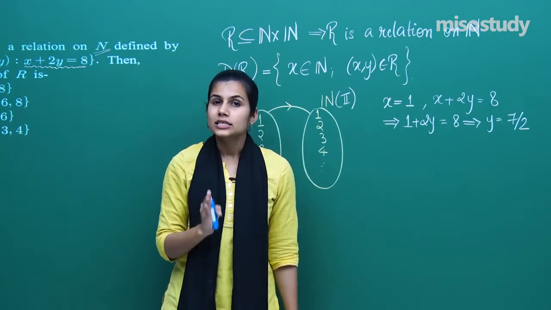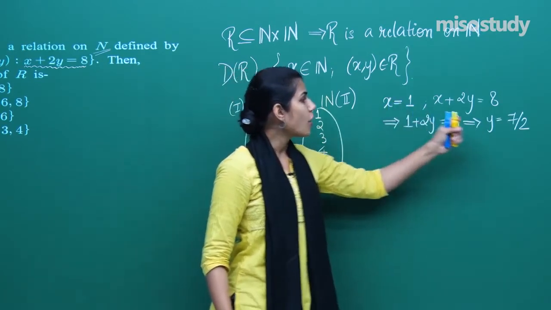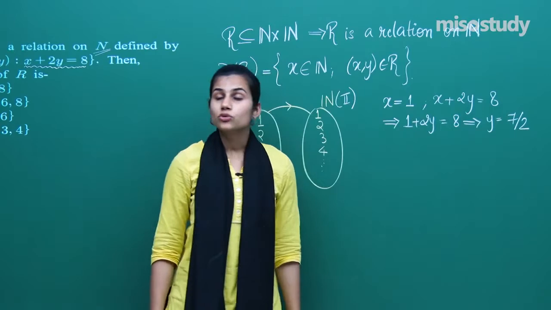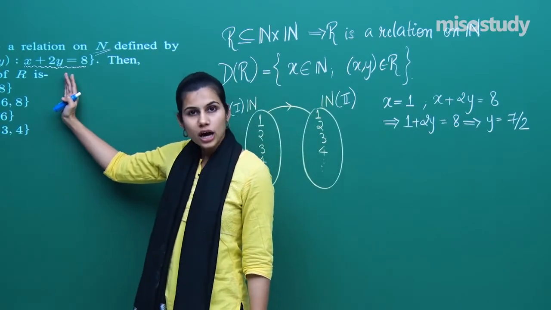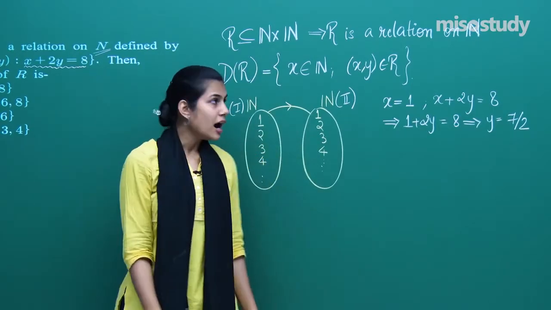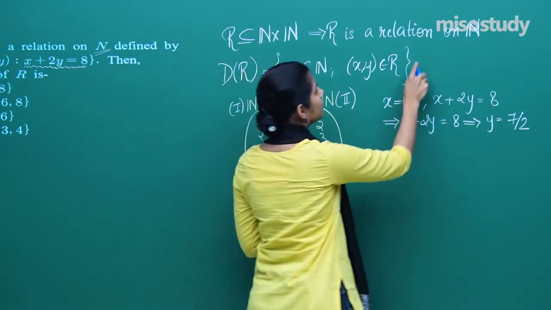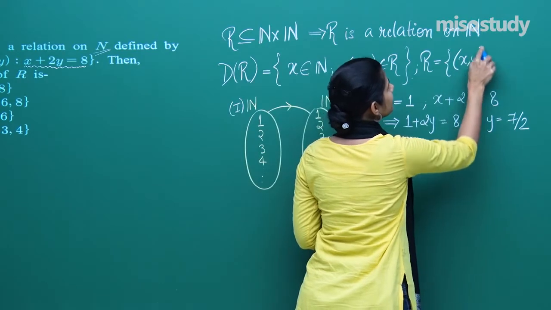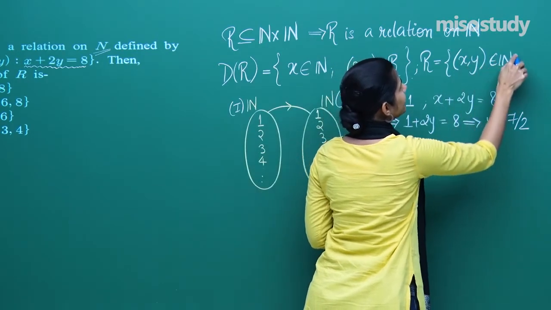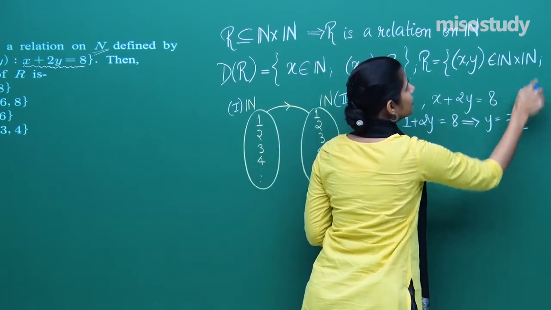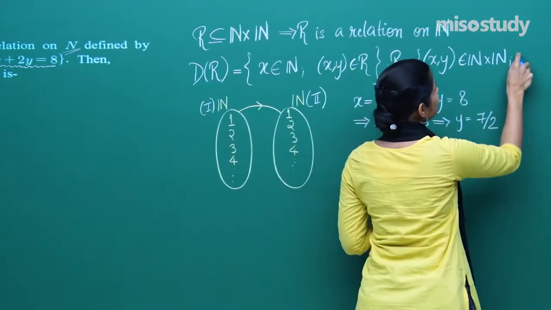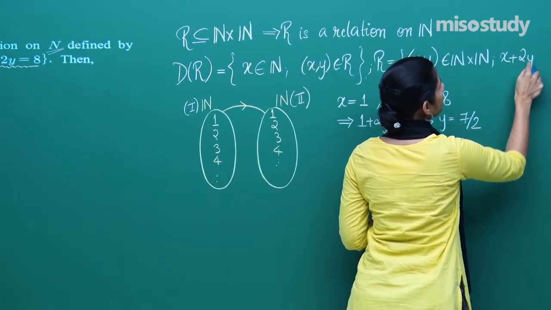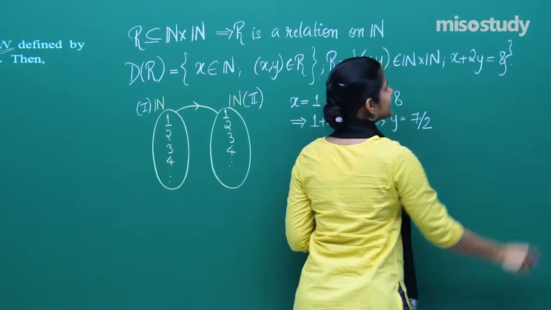But this does not mean that 1 comma 7 by 2 is going to come and sit inside the relation R. Because inside R, we have only those ordered pairs sitting in N cross N such that x plus 2y is equal to 8.